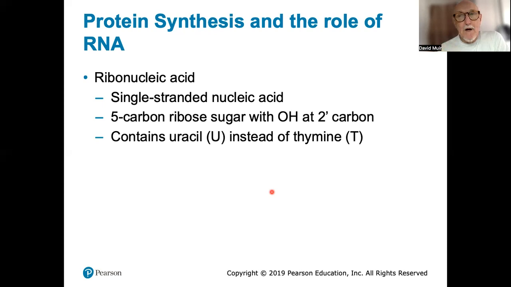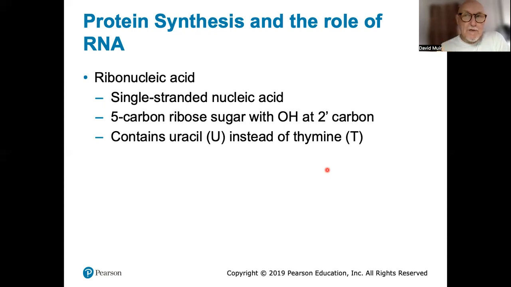The 2' carbon, they carry an OH group, a hydroxyl group, not an H. In DNA, there is only an H at the 2'. That is why it is called deoxyribonucleic acid. It's been deoxygenated at 2'. But in RNA, the oxygen is still there in the OH, in the hydroxyl group.